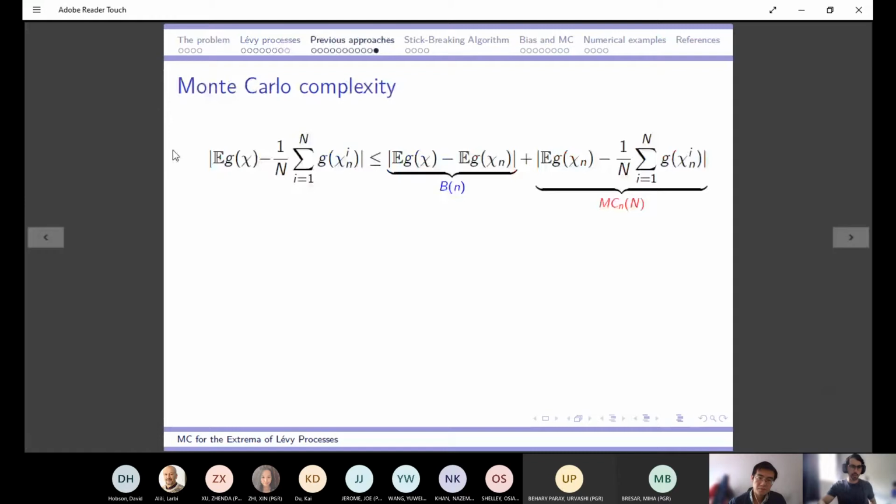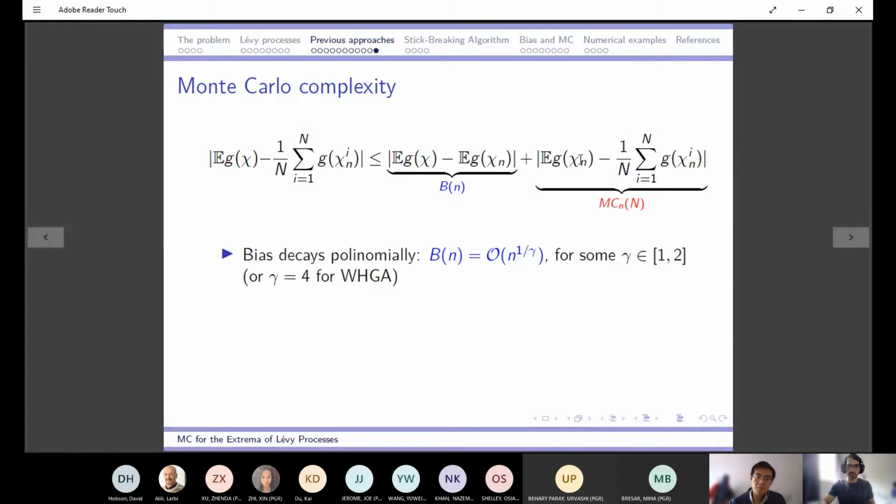How big can this error be? Well, this error is roughly, it's an inequality, but it's roughly equal to the bias, so how far the expectation of this approximation is from the expectation that I actually want to estimate, plus the Monte Carlo error. So in drawing N samples, how far off is this mean from the actual expectation?